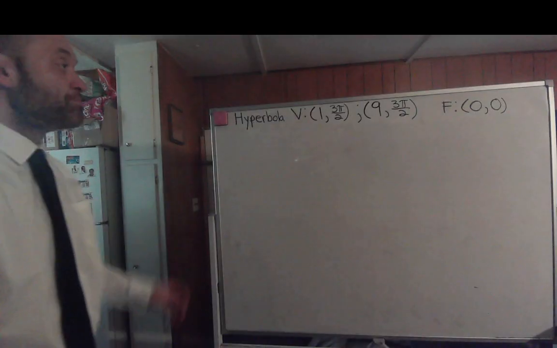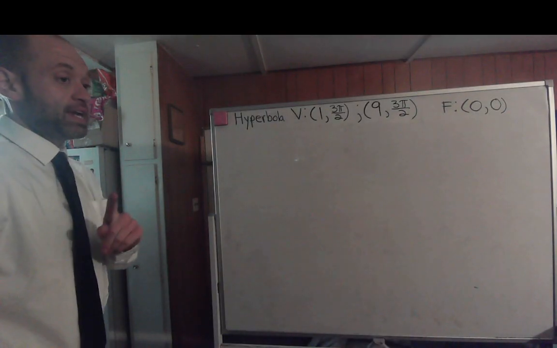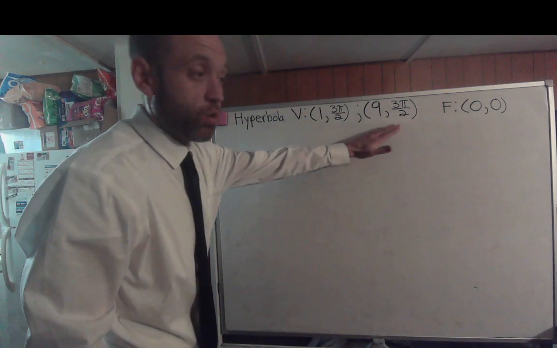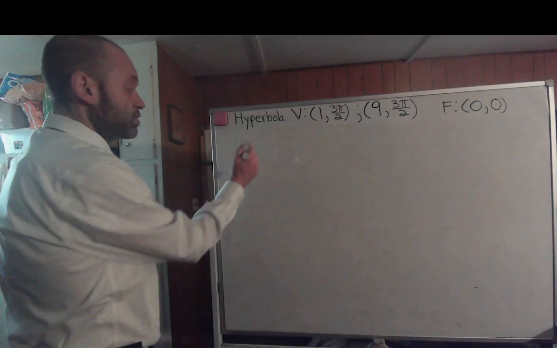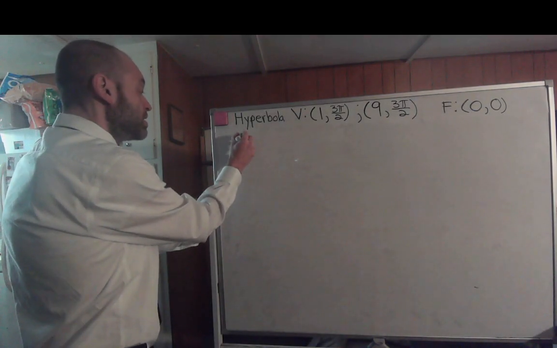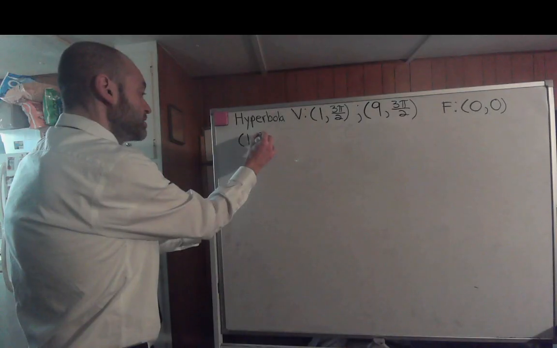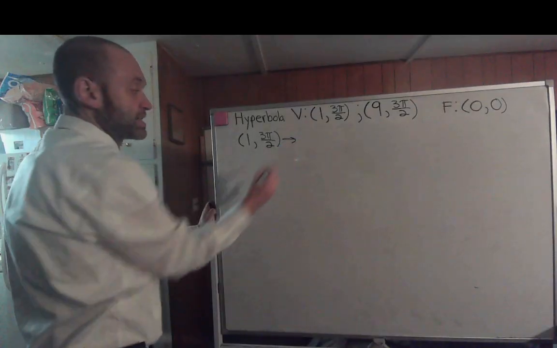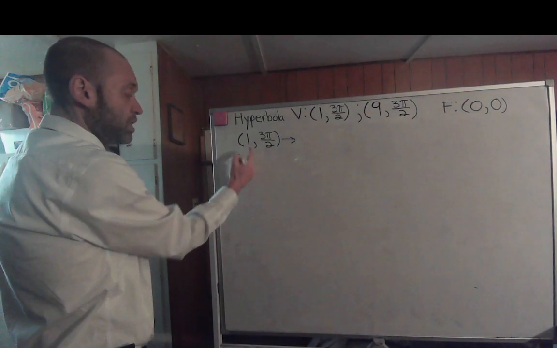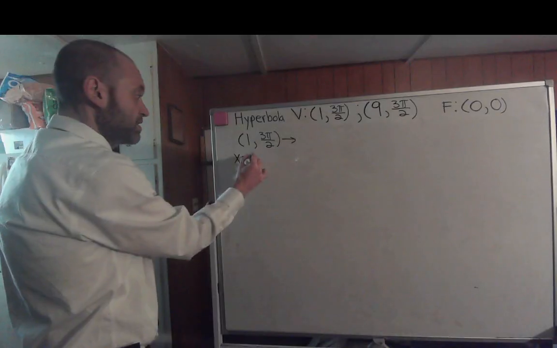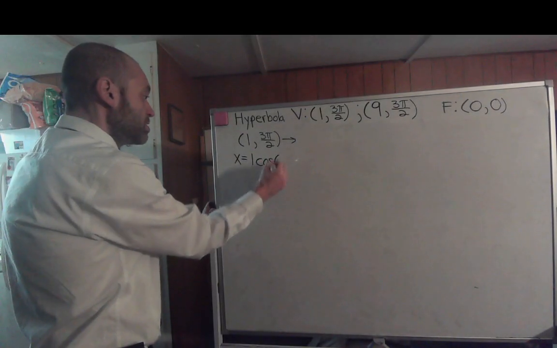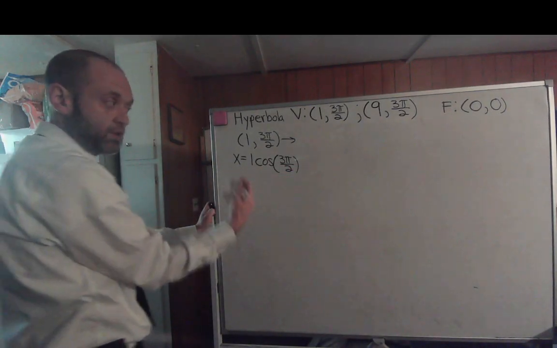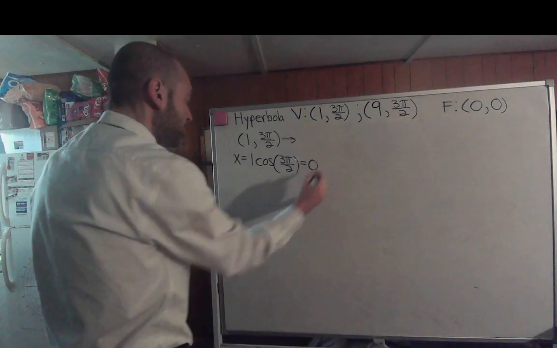First thing, again, convert these polar coordinates to rectangular coordinates. Let's start with that (1, 3π/2). x would equal 1 times the cosine of 3π/2. Well, the cosine of 3π/2, as we know, is 0, and 0 times 1 is 0.